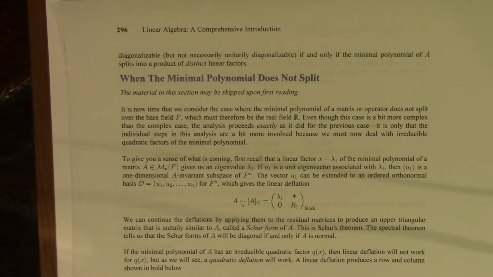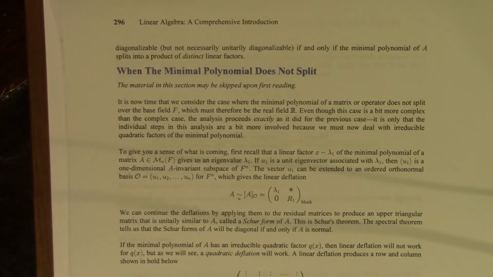I think that's a shame, because while the statements of Schur's Theorem and the Spectral Theorem are a bit more complex in the real case, the analysis that arrives at those theorems is the same, with one slight complication. And I think if it's phrased in the right way, the complication doesn't look that bad at all. And I'll let you be the judge of that as we get to it.